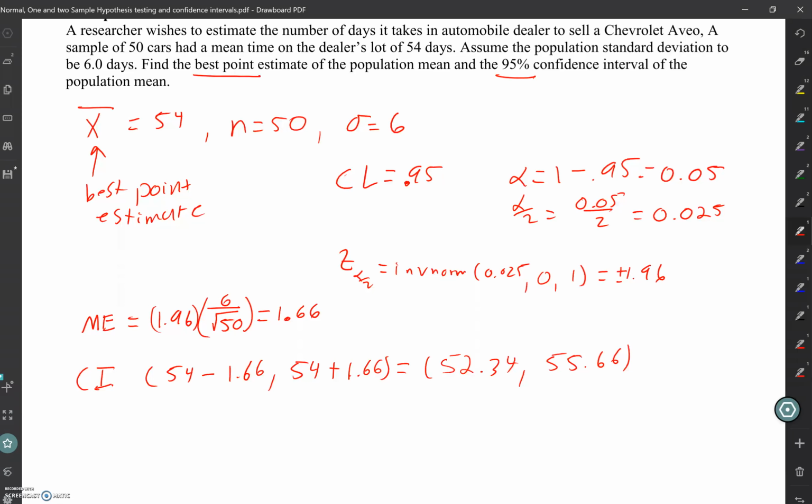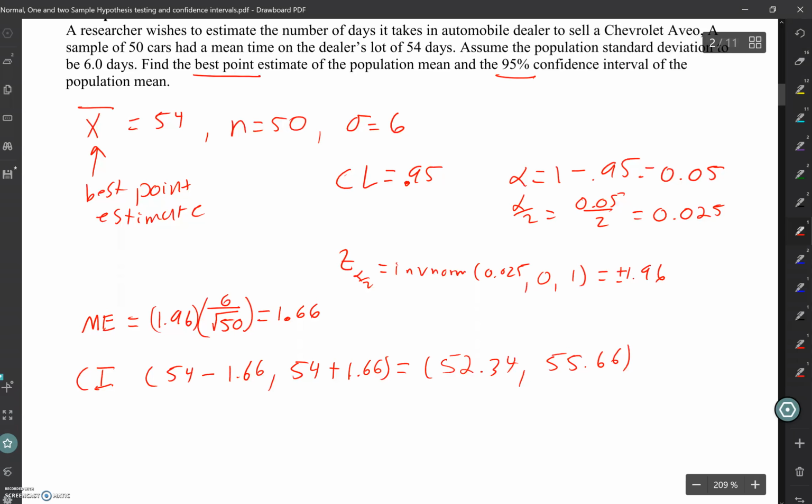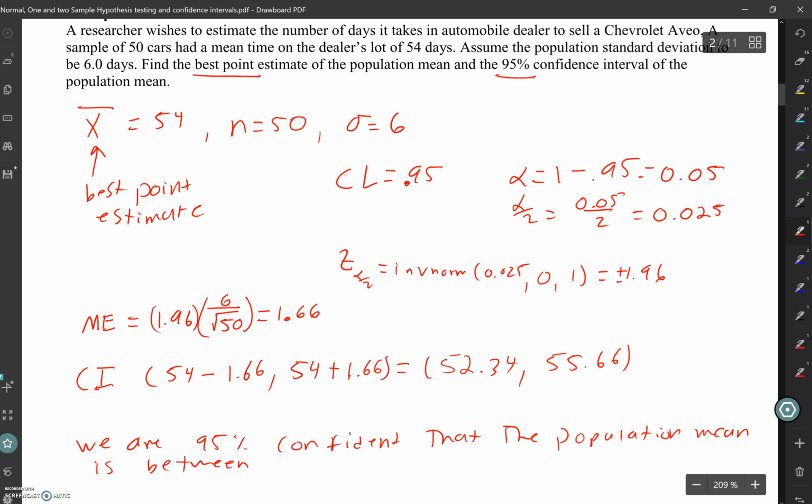So that's what I want you to tell me. We're going to have a sentence every time. They usually all start pretty much the same. And we say, we are 95% confident that the population mean is between 52.34 and 55.66 days.